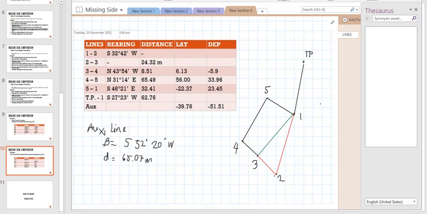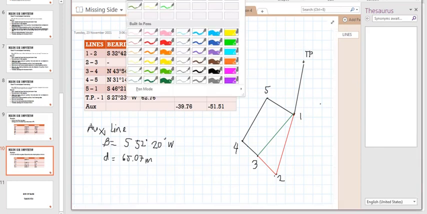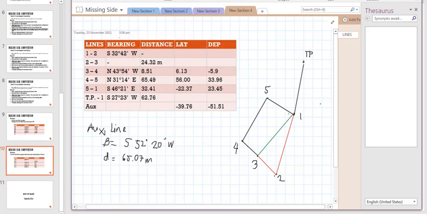Okay, so this would be the bearing. So this is the bearing of the auxiliary line, that is 52.